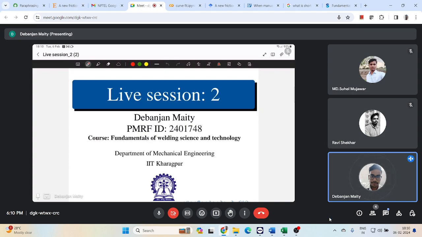What has been covered in module two, or the earlier week, is the different kinds of nomenclature and symbols of welding joints. How you should interpret any welding symbol: what kind of joint it is, what kind of specification, what kind of processes can be interpreted from a welding symbol.